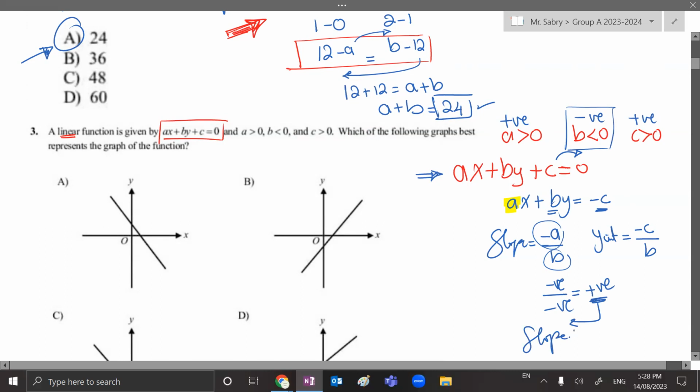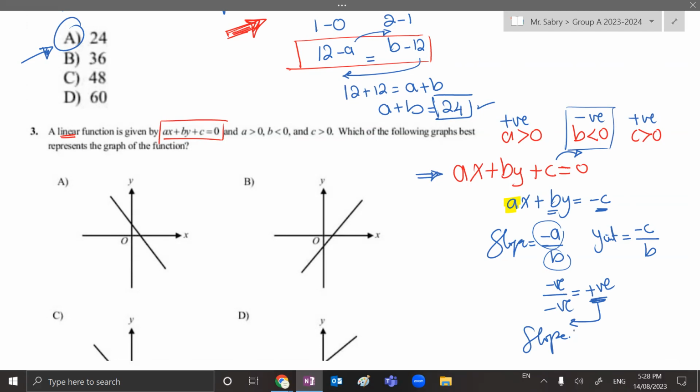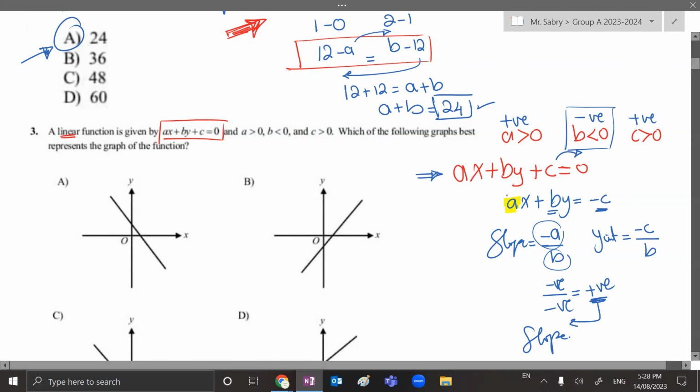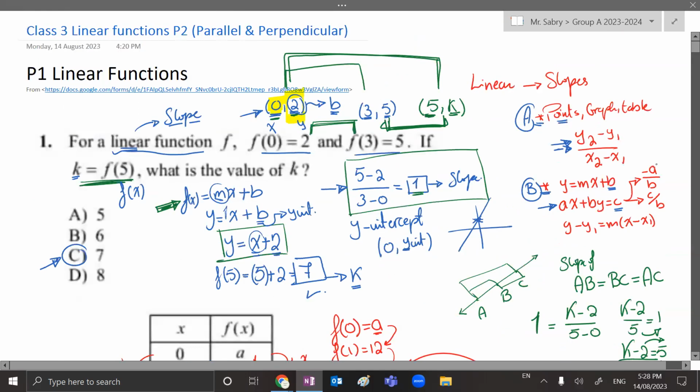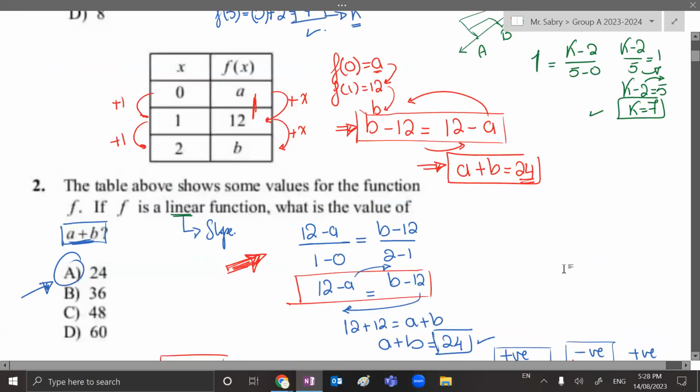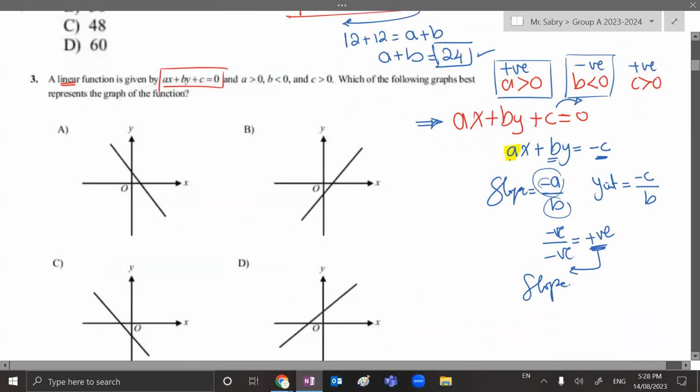Do you understand what I just did now? Yes. Why is it negative over negative? You're talking about this negative? Okay. So the a itself is what is positive, correct? Yes. But when I get the slope out of the standard form, earlier we said we should take the number next to the x, but with the opposite sign, correct? Yes. So if a is supposed to be positive, when I take it into the slope, it should be a negative number with the opposite sign.